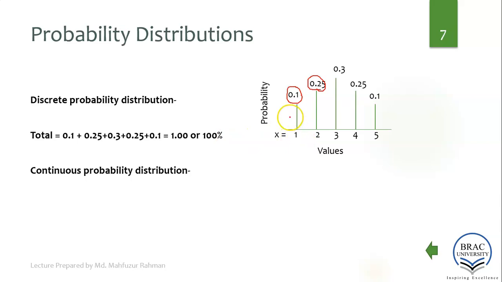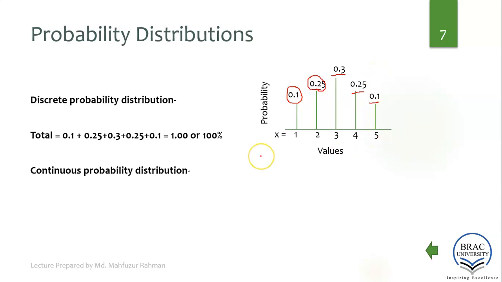That's how you get the total probability from a discrete probability distribution. And you can find one thing: the discrete probability distribution gives us height in terms of probability.